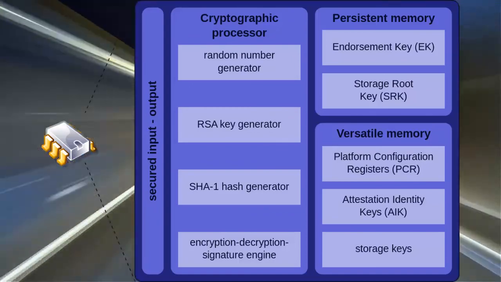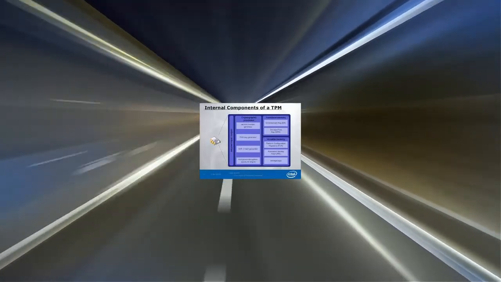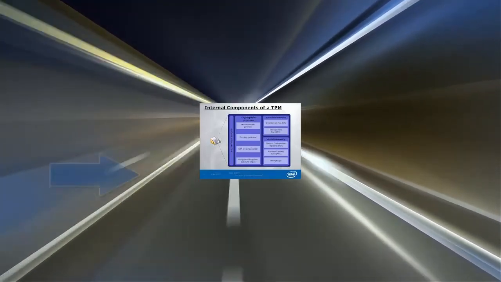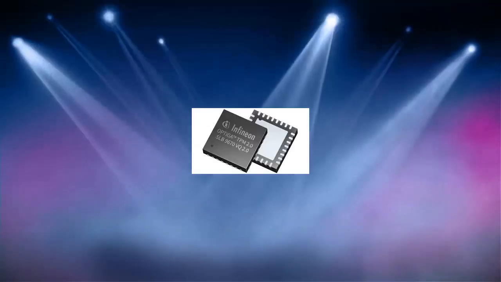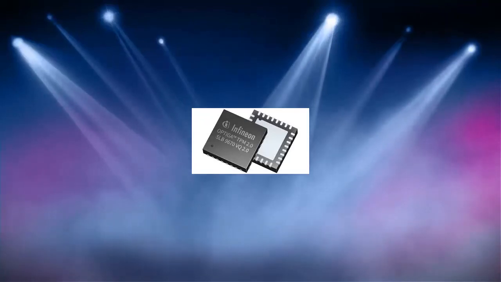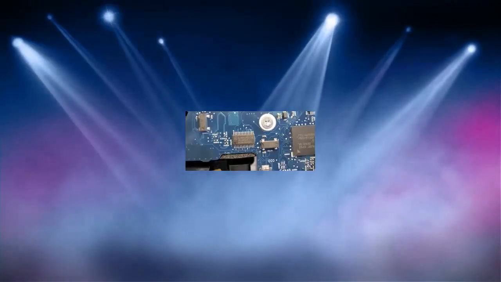Click on Device Manager, then click System Devices. In the system devices list, you will find the TPM chip, Trusted Platform Module, if it is present in your system. You can use it to secure your digital life, secure your digital data and protect yourself.